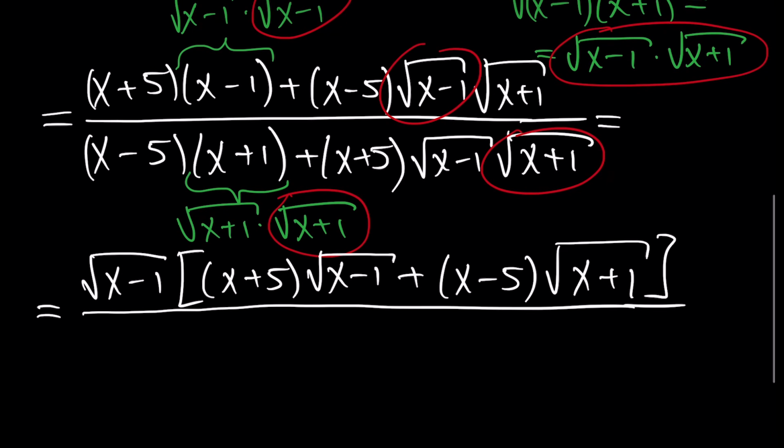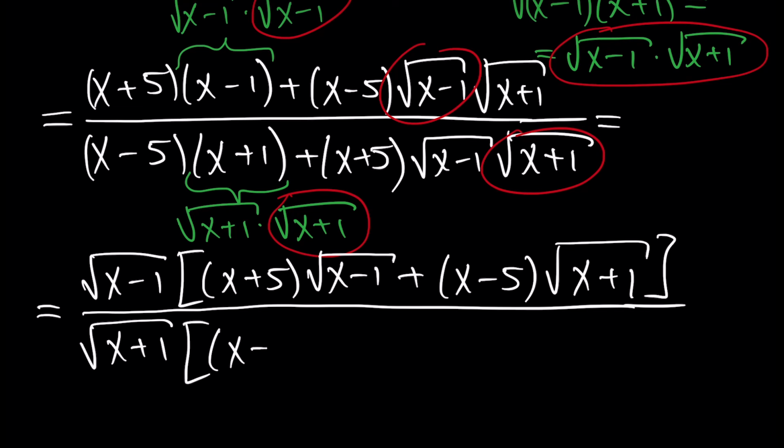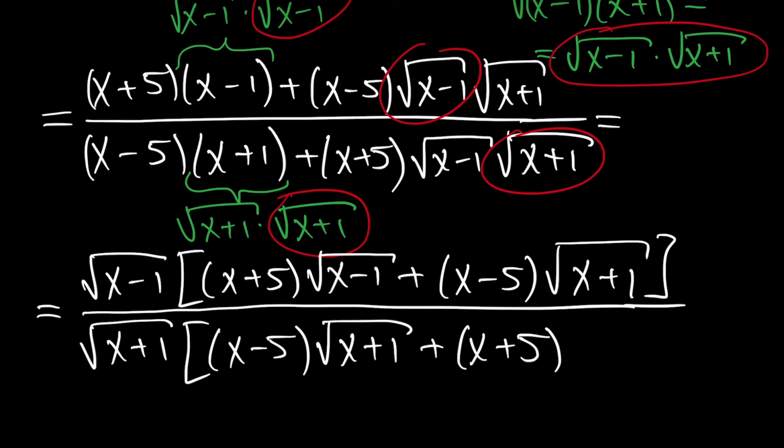And in the denominator we have square root of x plus 1 times the brackets x minus 5 times square root of x plus 1 plus x plus 5 times square root of x minus 1.